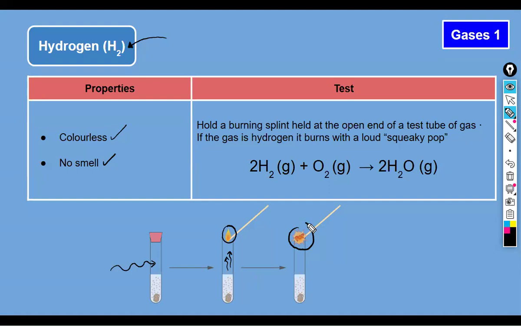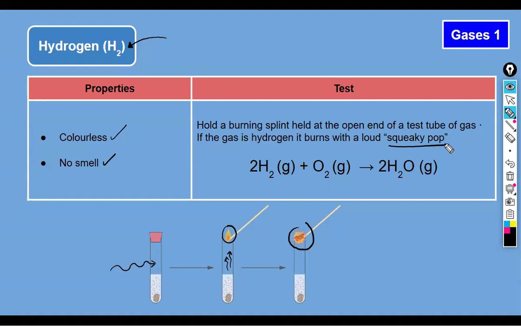I'm real sure. This is the hydrogen test, the one where the flame produces a popping sound. And in the exam, I want you to use this phrase: a loud, squeaky pop. Please use that phrase. You go in almost any textbook, and that's the phrase they have.